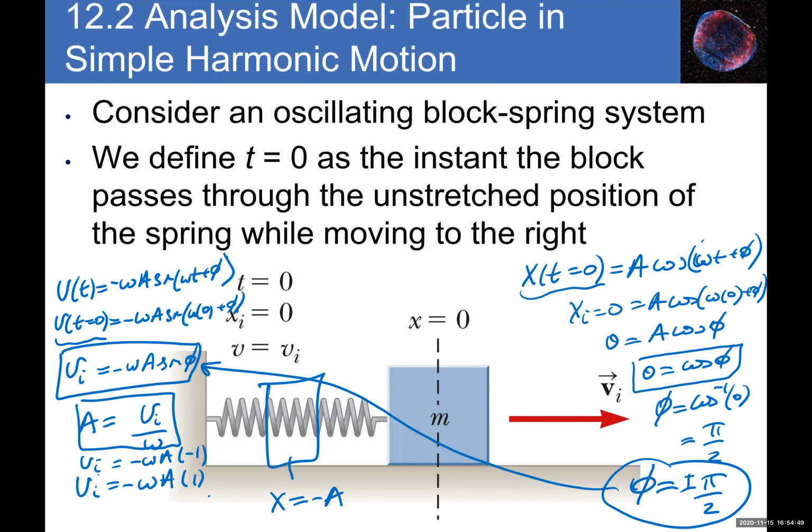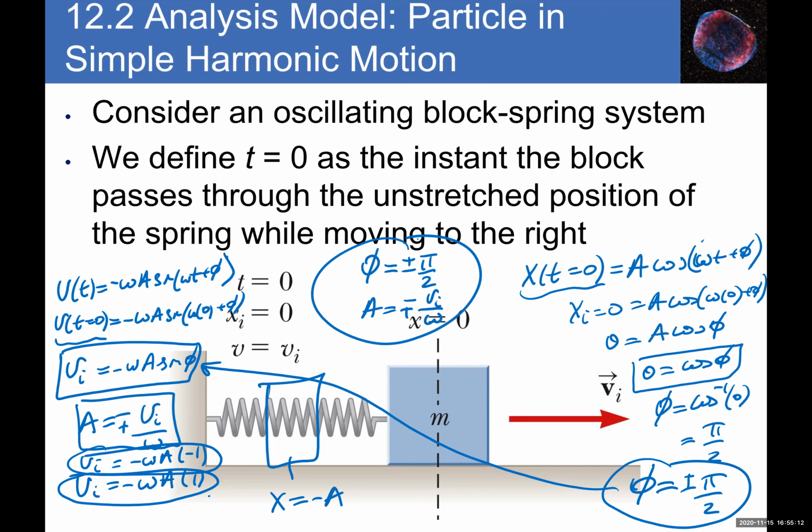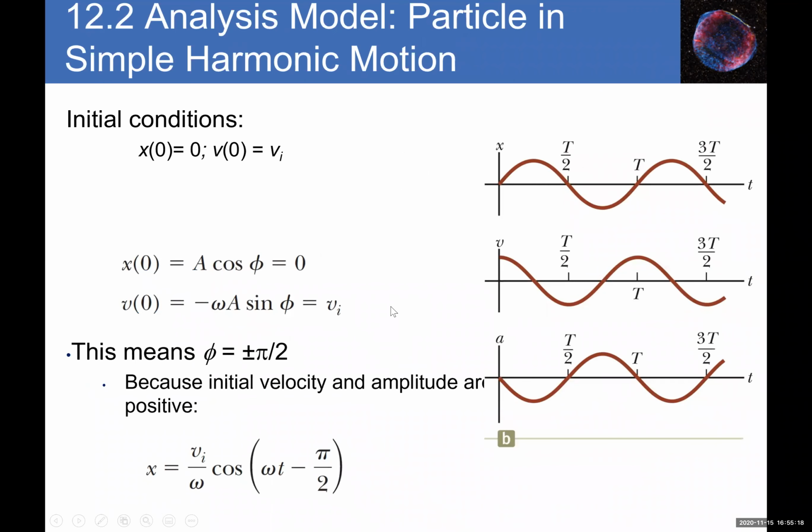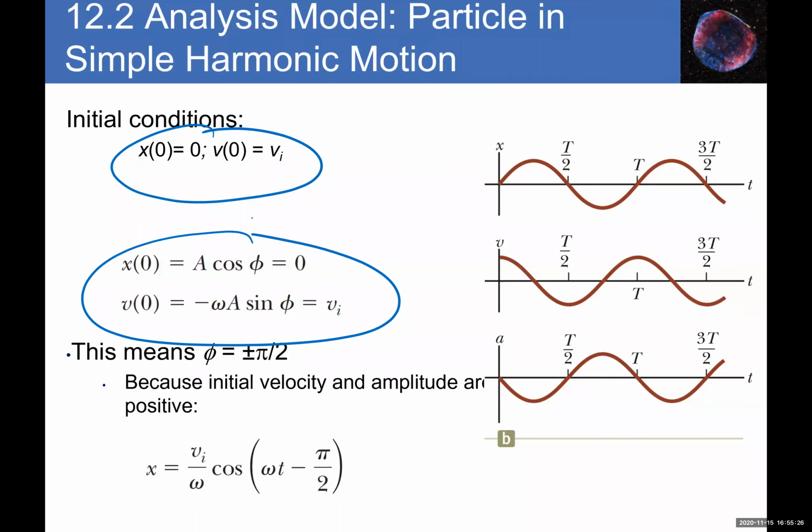When phi is positive pi over 2, you get negative, and when it is negative pi over 2, you get positive. So from this condition, phi equals plus or minus pi over 2, and a equals minus or plus vi over omega. Combining these together, you start with x of 0 equals 0 and v of 0 equals v initial, and we get phi equals plus or minus pi over 2.